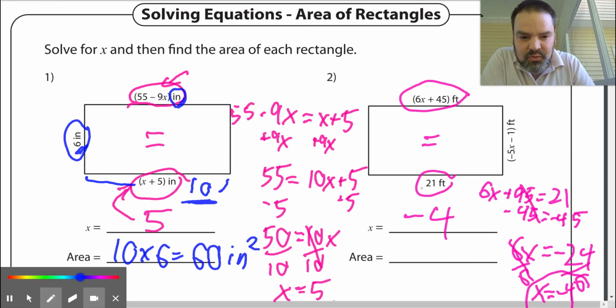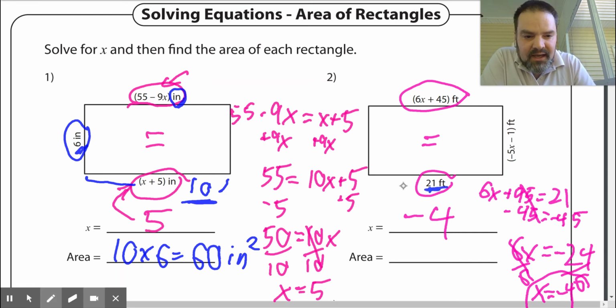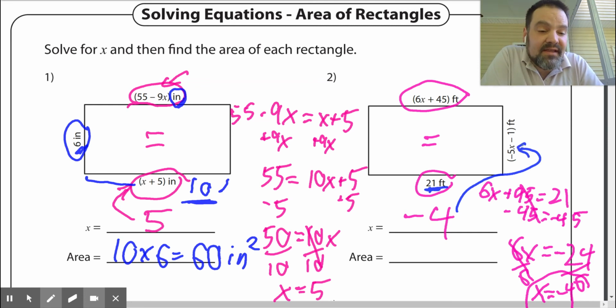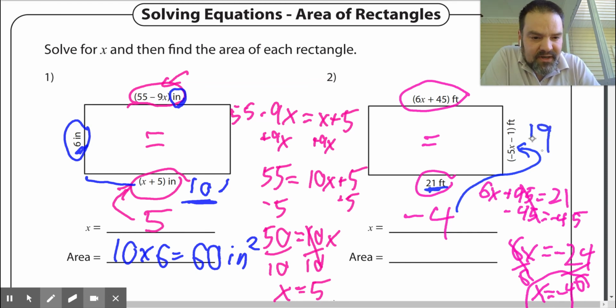It's given to me. It's 21. And if I want to find my width, I'm going to put the negative 4 into here. But that actually makes it work out better, because negative 5 times negative 4 is 20. So I get 20 minus 1, which is 19.